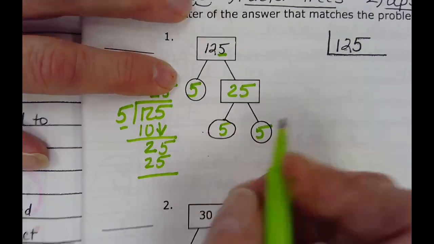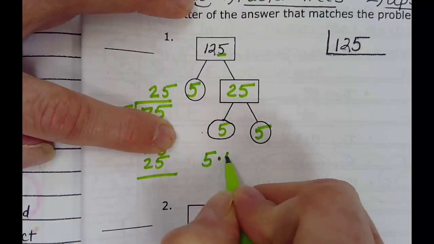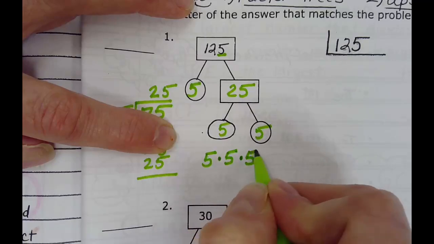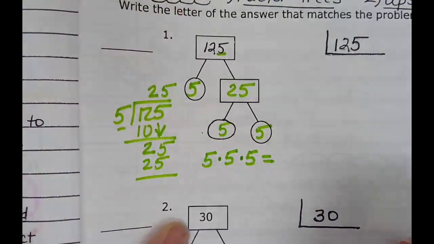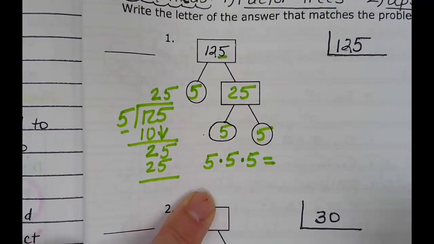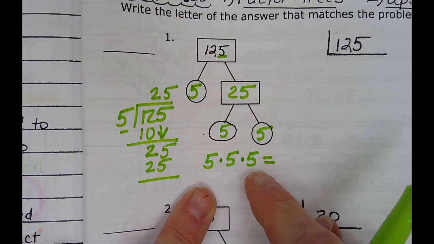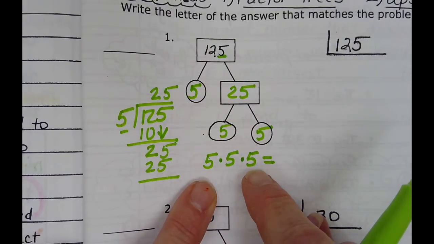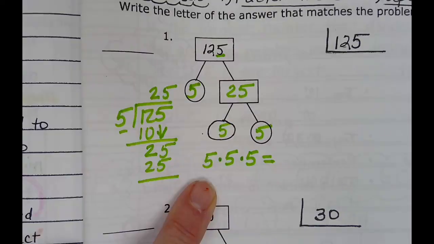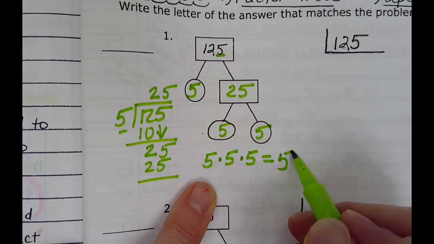It is using this. So my prime factorization would be 5 times 5 times 5. Can I write that in a shorter way with exponents? What's my base number? What number am I multiplying? 5.